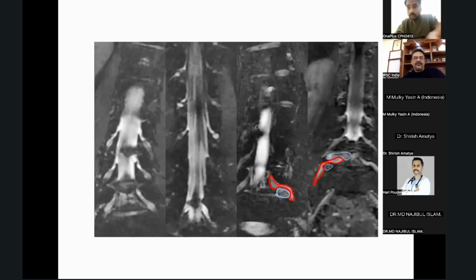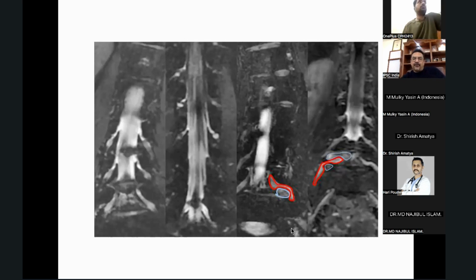The coronal sections will help you whenever we go for the interlaminar approach or the biportal approach. At that time, it is good to see these coronal images, because when we are going inside, we are almost blind. We are going under fluoroscopy guidance. We must know where to put our working channel, where to put our guide wire, where to put our dilators.